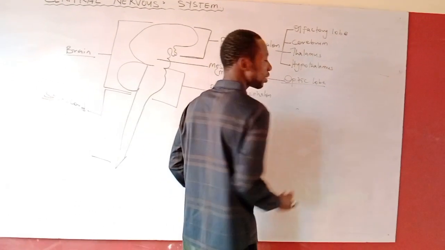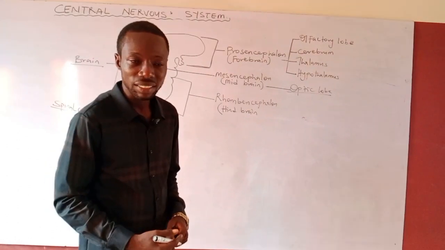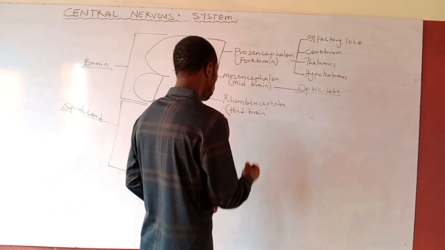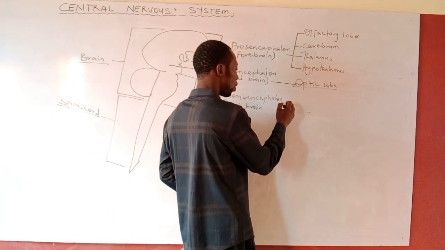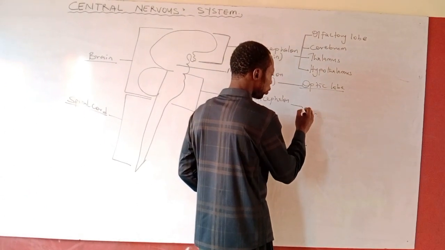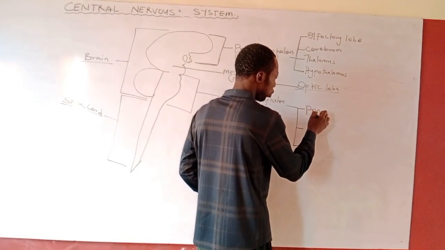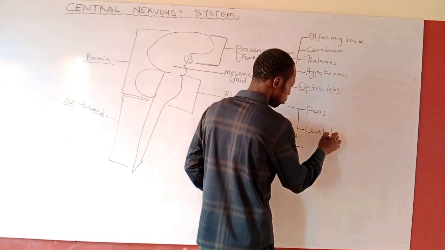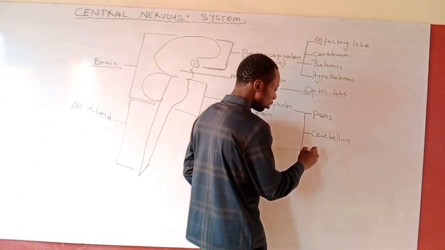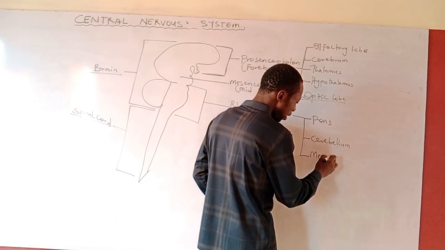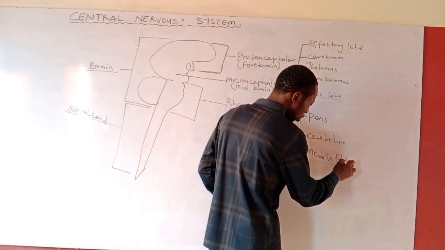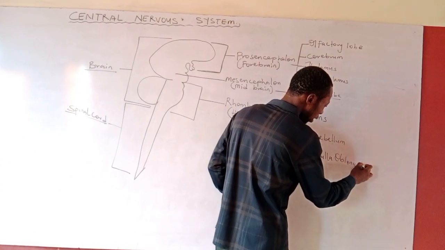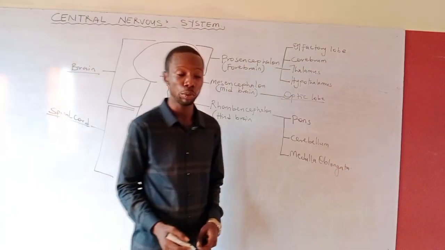The optic lobe most times is represented as the midbrain. Then in the rhombencephalon we have three structures. Number one is the pons. Secondly, we have the cerebellum. Thirdly, we have the medulla oblongata, named because of its shape and position.